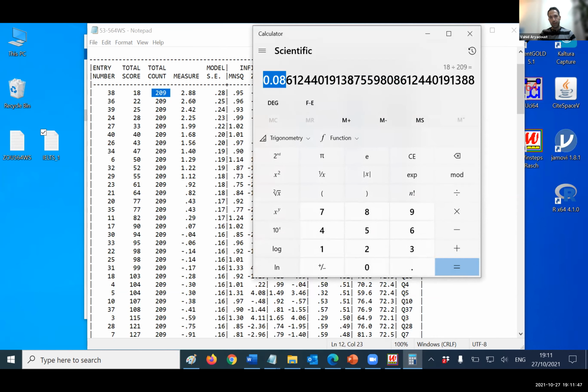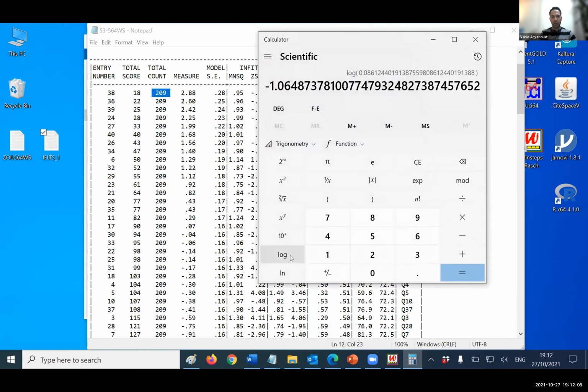Now, if I convert this to logits, you don't get exactly the same as 2.88, but let's see what we'll get out of it. It's not exactly like that, because the logit in WinSteps is different from this logit here.